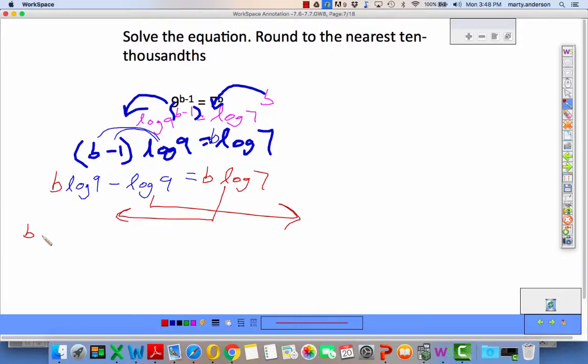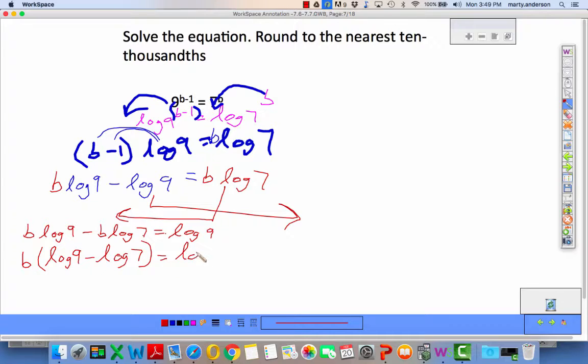I get b log 9 minus b log 7 equals log 9. Why did I get them together? I got them together so that I can take the b out. b(log 9 minus log 7) equals log 9.